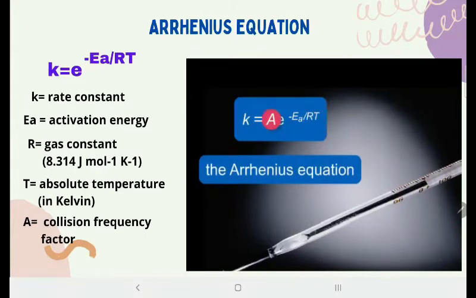The quantity A is called the frequency factor, which is related to the frequency of collisions with the correct orientation. The term exponent minus Ea per RT refers to the fraction of molecules with energy equal to or greater than the activation energy.